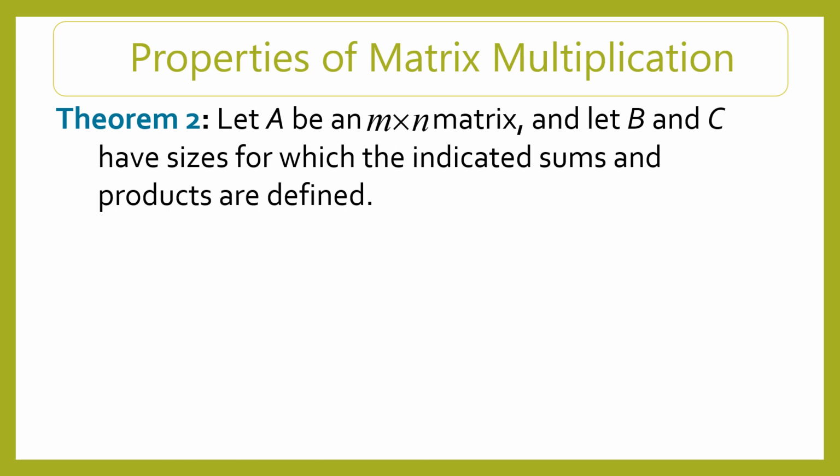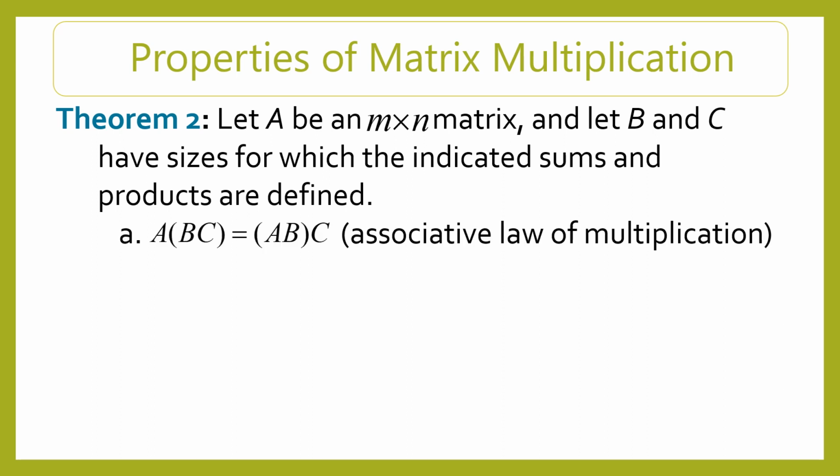All right, so let's look at some properties of matrix multiplication. Suppose we have a matrix A, which is m by n, and we have B and C with sizes for which the indicated sums and products are defined. So we are assuming that the compatibility rule for multiplication and addition is satisfied.